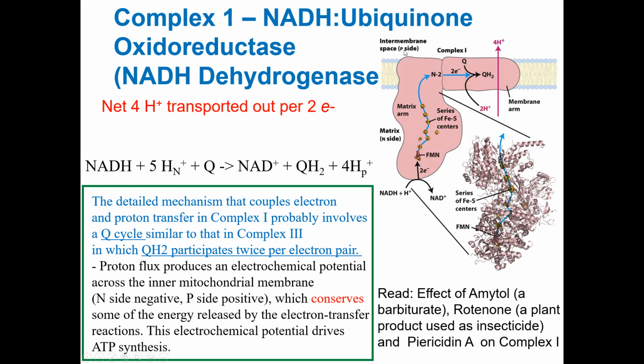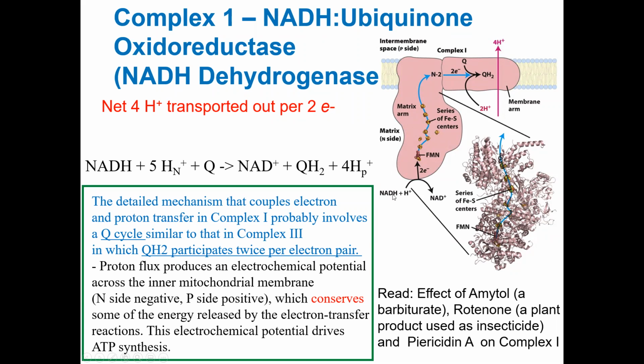It's known as P side also. People will just write P side. You are supposed to know that P side means they're talking about the intermembrane space, which is the space between the inner mitochondrial membrane and outer mitochondrial membrane. P side, why P side? Because that's where protons go. And the matrix side is always referred to as N side. So just note that.